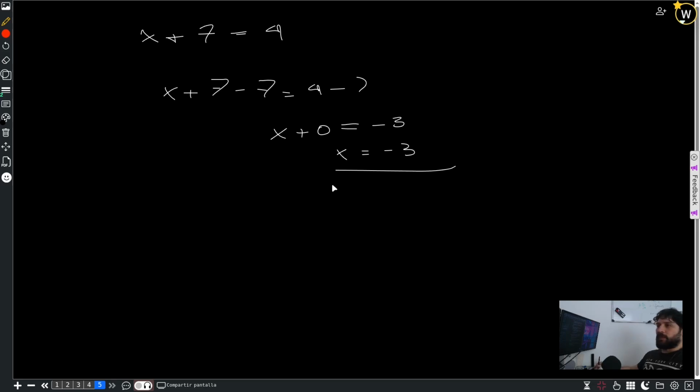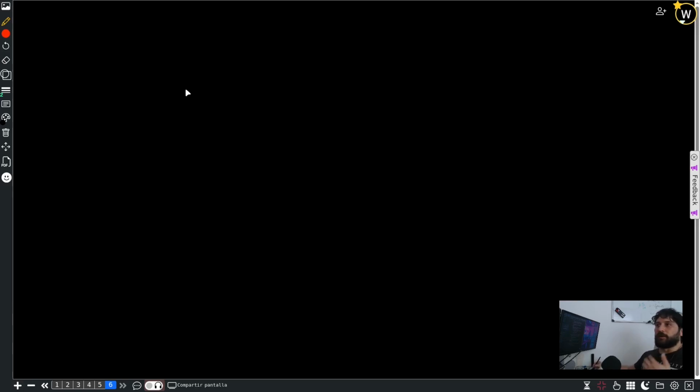And we can also use these properties to prove another characteristic of additions in integers, which is called the cancellation rule. And the cancellation rule states that if a plus b is a plus c, then b equals c.